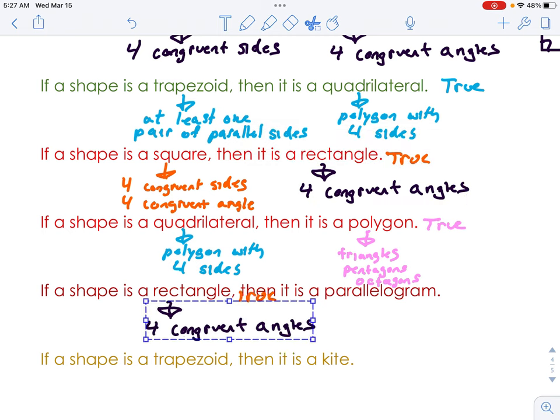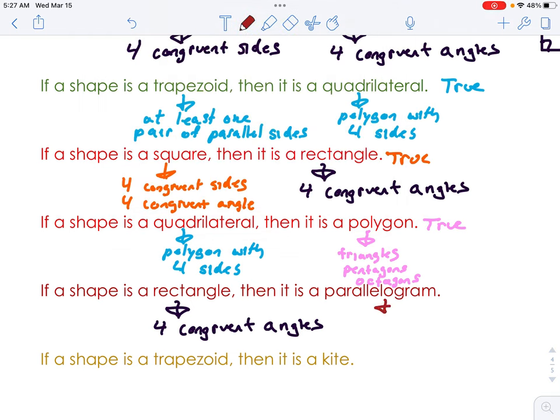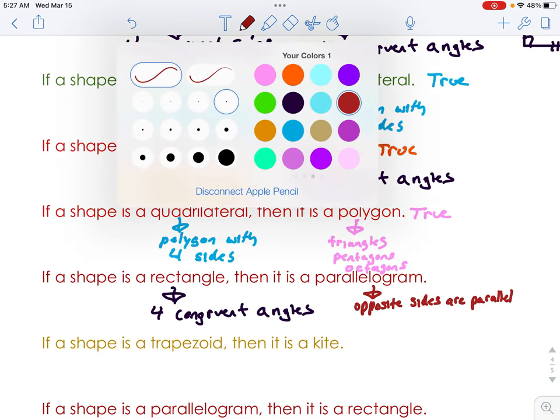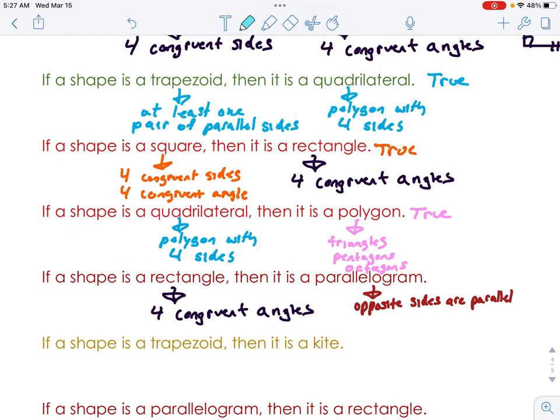If a shape is a rectangle, then it is a parallelogram. This one's going to require a little bit more thinking. If we just look at the barest form of the definitions, parallelogram is opposite sides are parallel, but then if you dive deeper into some of these qualifications, in a rectangle, some of the things that are true are opposite sides are congruent, consecutive interior angles are supplementary, opposite angles are congruent.